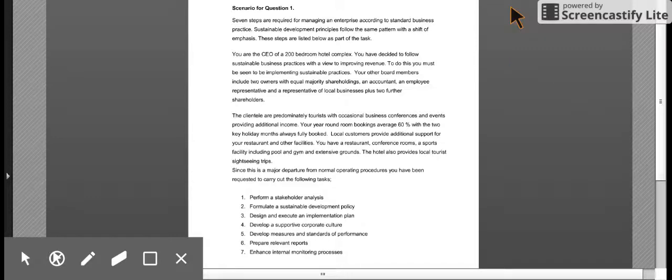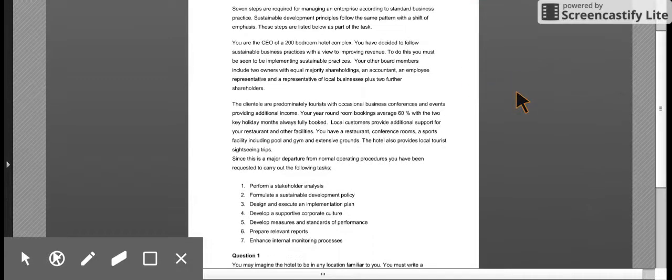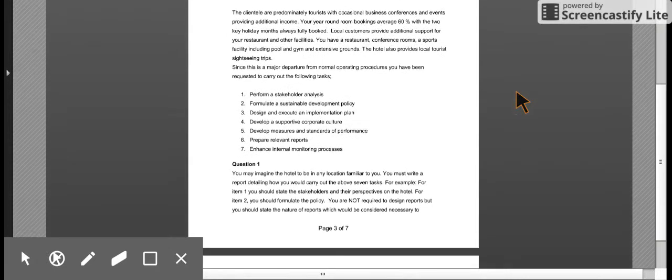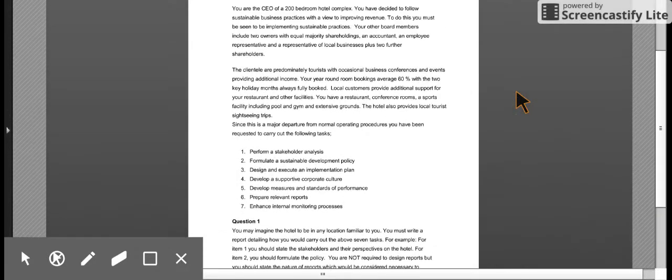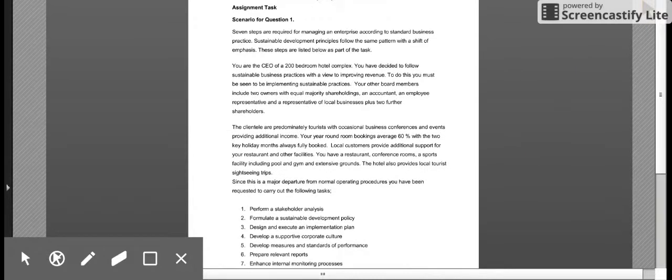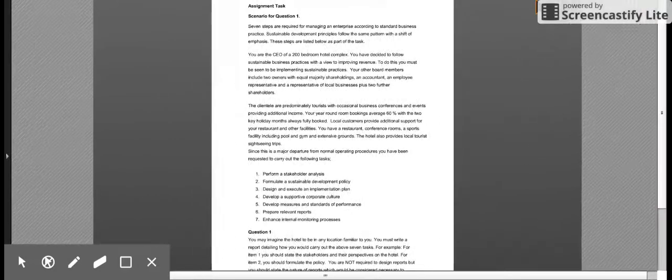And then we've got two other shareholders we don't really have much information on. So, what are the stakeholders? What are their perspectives? We've got to think about how you would carry this out and what we might find, but you don't actually have to carry it out in terms of producing the report.